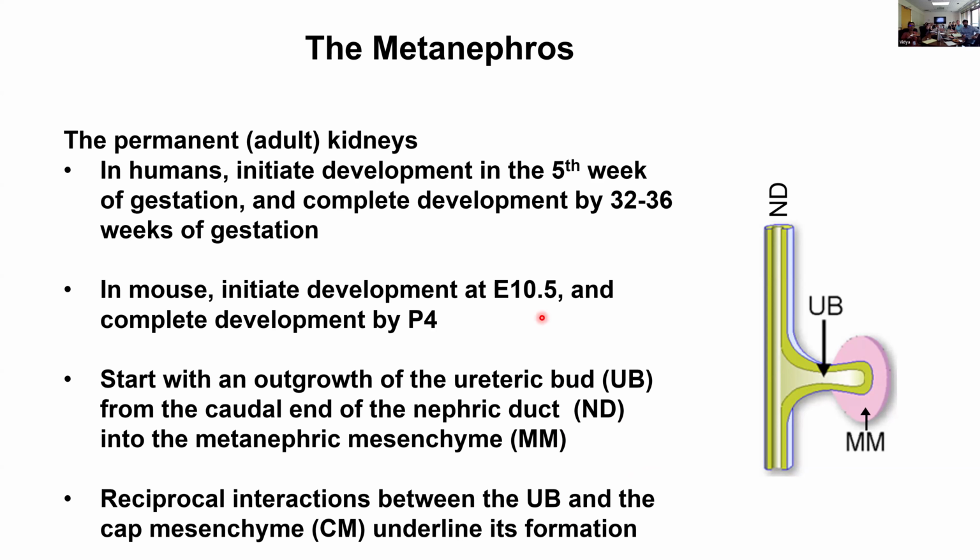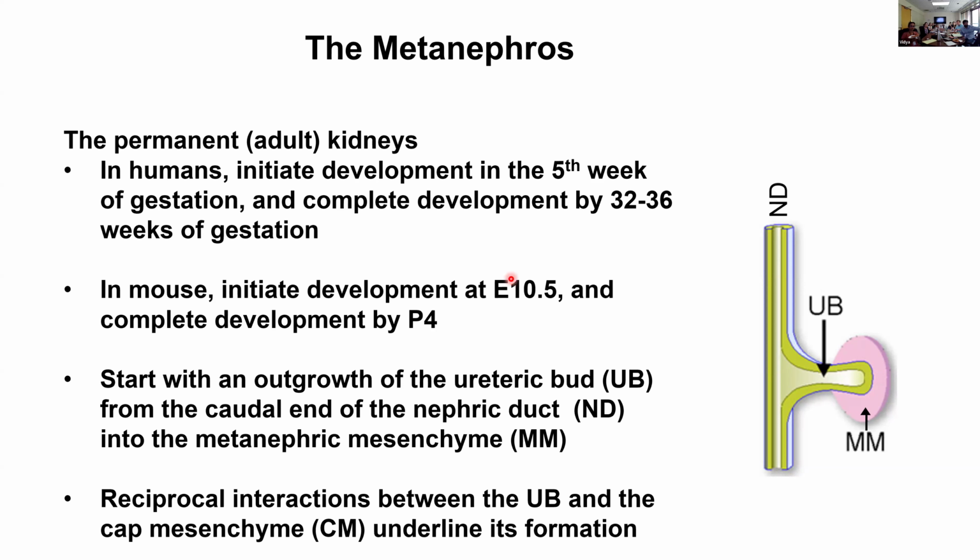But that doesn't mean everything is finished by P4. We will come back to this, and when we go further into the presentation, what I said about P4 will make more sense: it's actually nephron induction, but that's not the entire nephron maturation and differentiation.